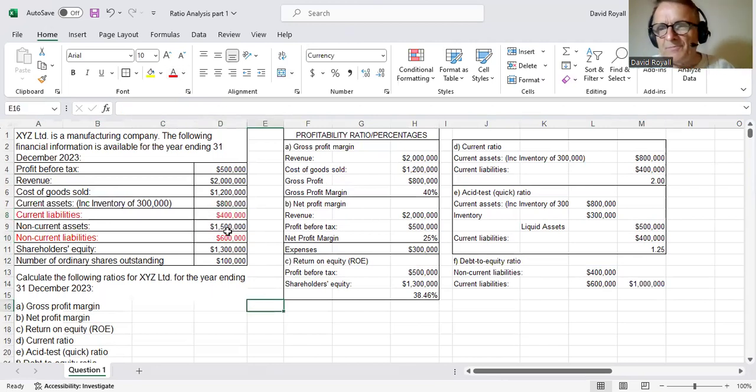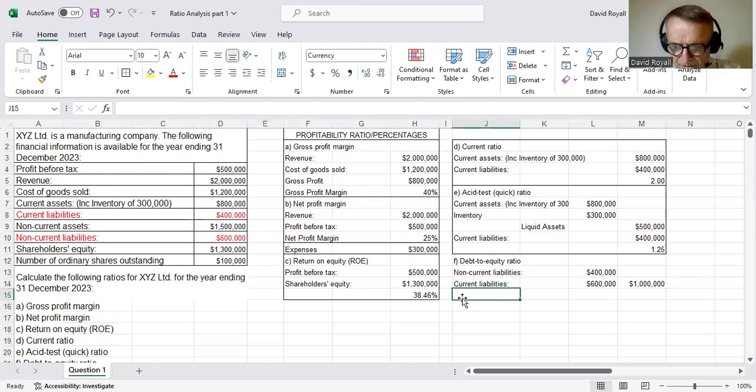These are the two amounts of money that we owe. Current liabilities, we've got to pay relatively quickly. Non-current liabilities could be a bank loan, it could be a mortgage. There are many ways in which you can borrow money, or debentures, which is also a form of borrowed money.